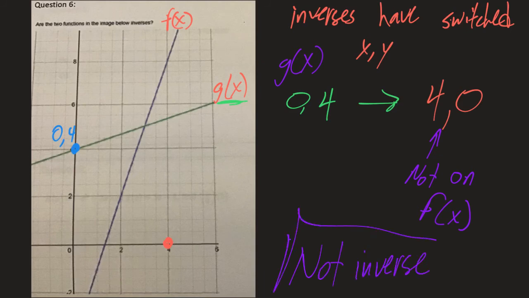As soon as we found a point that didn't match up, we knew. We could also have looked at our y equals x line. It's a little trickier to see on this graph, but this line does not have that reflection we're looking for. So immediately we can discover these are not inverses. Again, look for the switched x, y. If they don't match up, you immediately know these are not inverses.